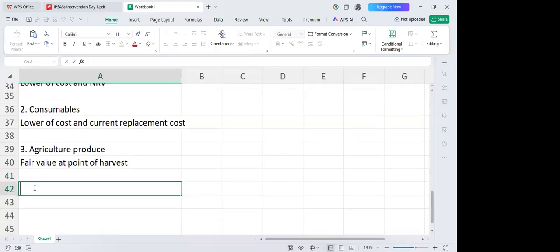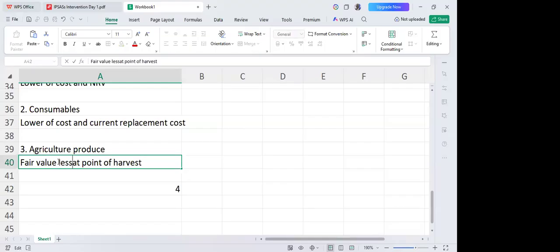Okay. Last one. What's the last one? I think this one is fair value less cost to sell at the point of harvest. So what's the last one?